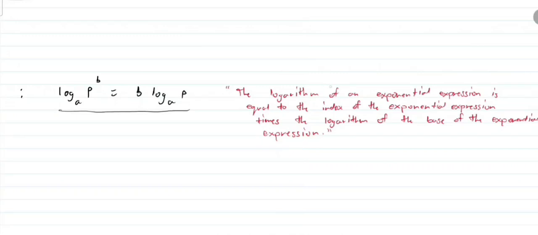But in words, it simply means that the logarithm of an exponential expression, and this is the exponential expression right here, is equal to the index of the exponential expression times the logarithm of the base of the exponential expression. Look, this is the base of the exponential expression. So the index, which is b, times the logarithm of the base, which is p.